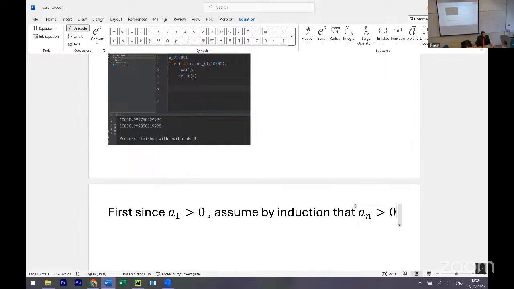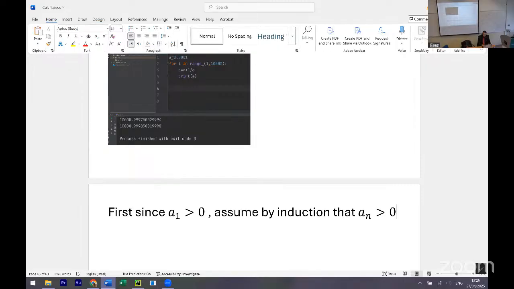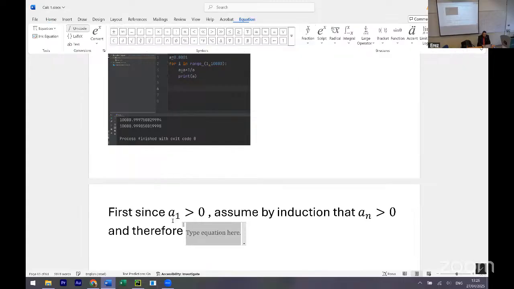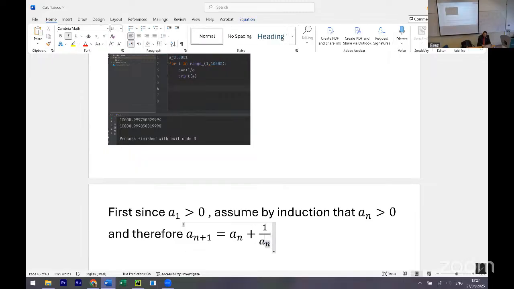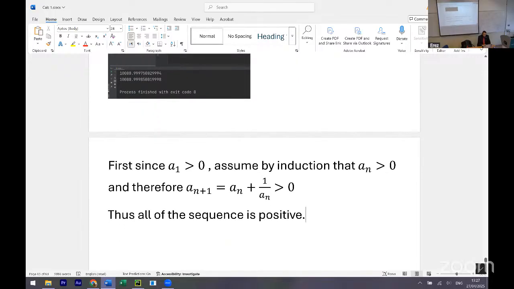Given a case for which AN is positive, therefore AN plus 1, which is AN plus 1 over AN, is also positive. Thus, all of the sequence is positive. Why did I do that? I know where I'm going with it, to be honest.